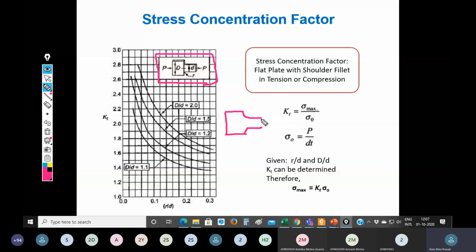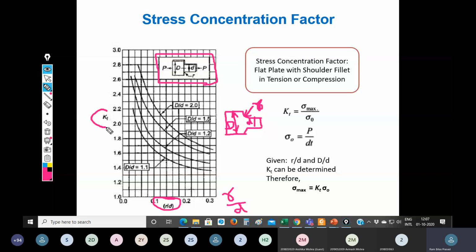So this width is small d at the lower side, and here we have capital D, right? In this case also we can find out, and this is known as fillet radius r. So here the x-axis is r by d, fillet radius, right? And on the y-axis we have kt.